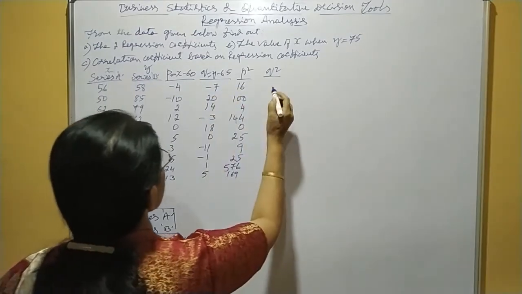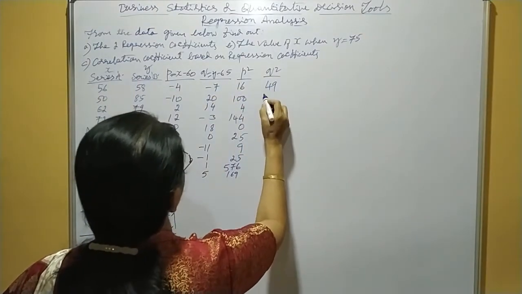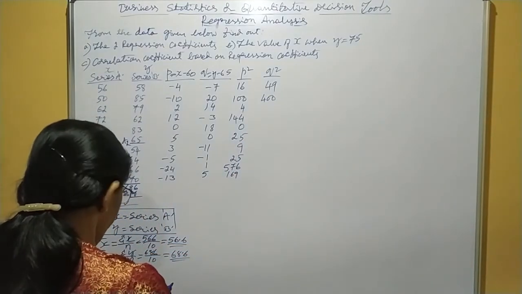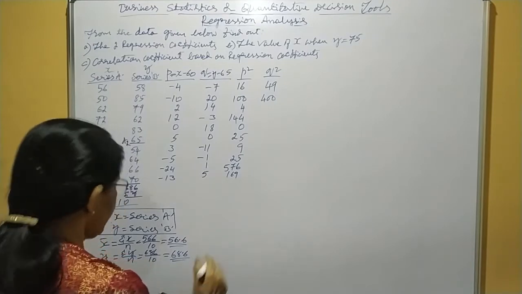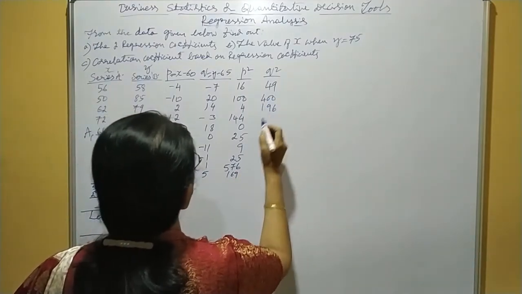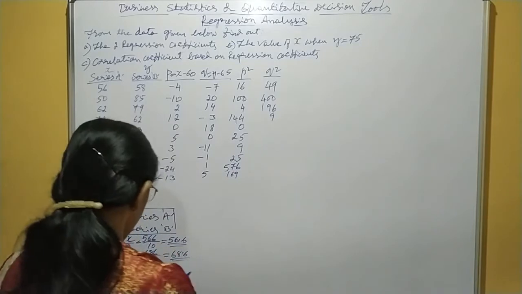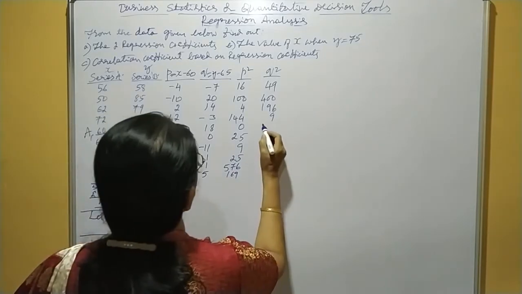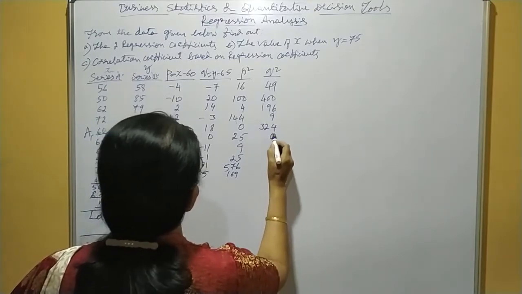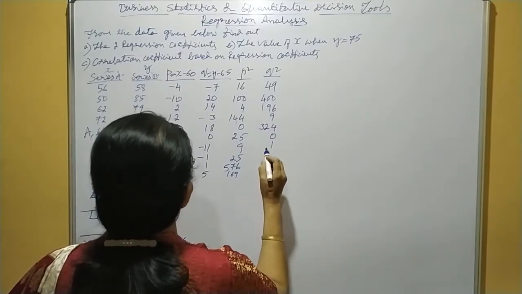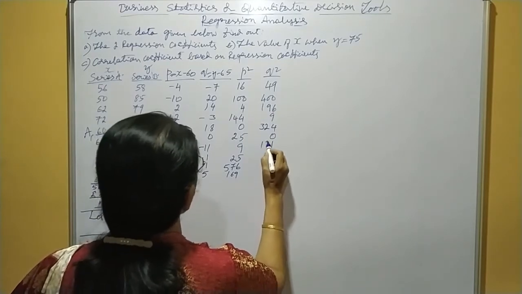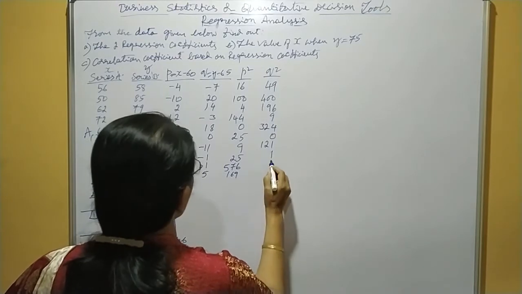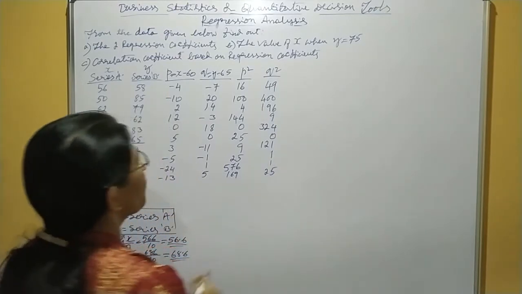Minus 7 into minus 7, 20 into 20, 14 into 14, 196, minus 3 into minus 3, 18 into 18, 324, 0 into 0, 11 into 11, 121, minus 1 into minus 1, 1, 1 into 1, 5 into 5.